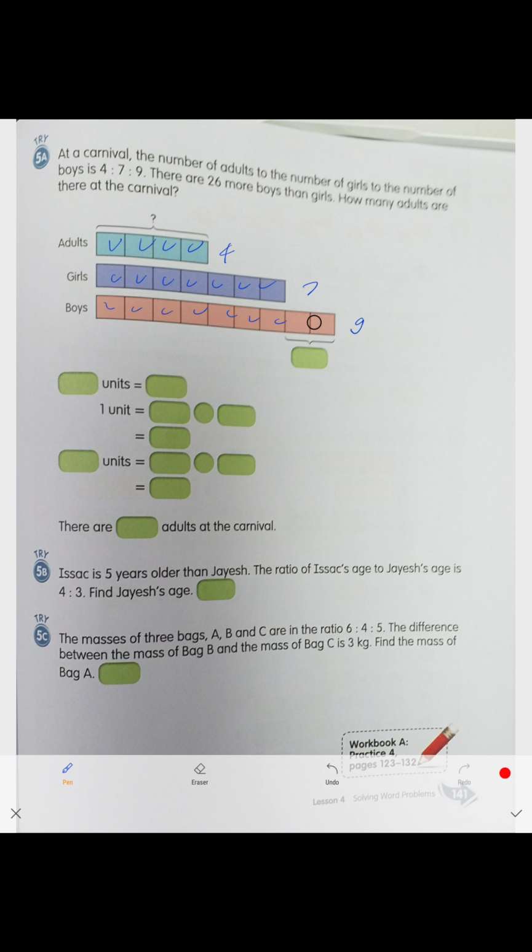Here is our difference, these 2 units. So our 2 units is 26, and 1 unit is 26 divided by 2, which is 13. They ask how many adults were at the carnival. Adults is 4 units, so 4 times 13 is 52. The answer is there are 52 adults at the carnival.